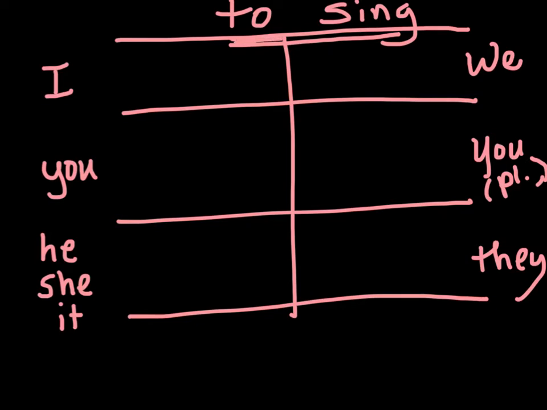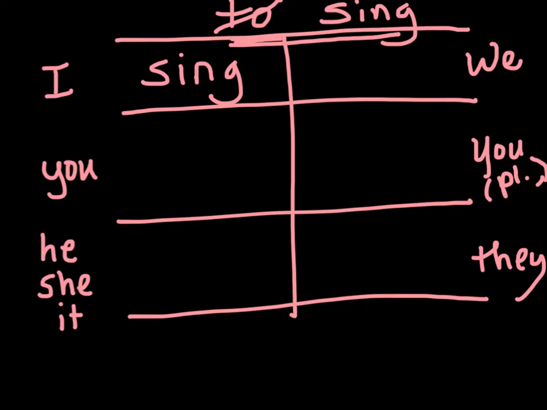So when I conjugate to sing so that I can use it in everyday speaking in a sentence or writing, I'm going to say, for example, if I'm talking about myself, I wouldn't say I to sing, I would say I sing. So in English, we drop the to and we either write sing or a form of sing.